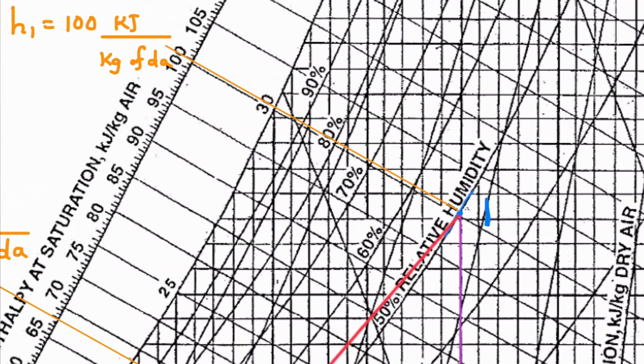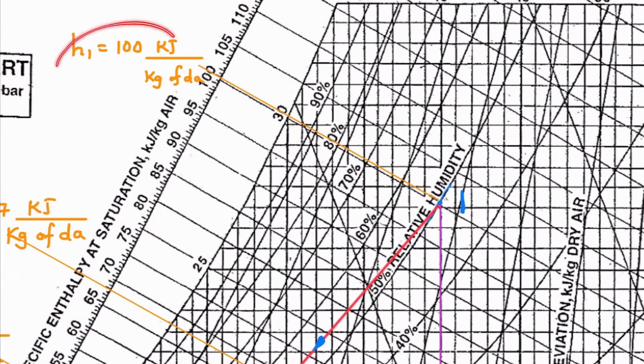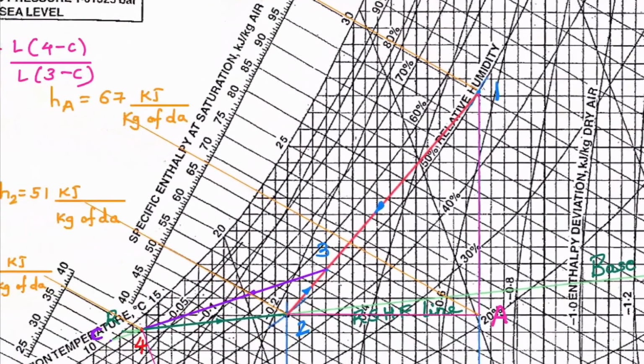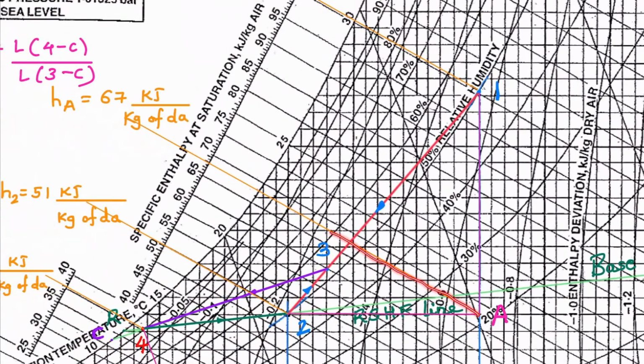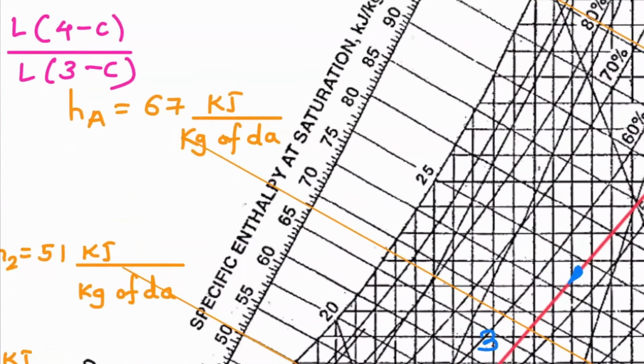So point 1, if you see the value, this is 95, 96, 97, 98, 99, 100. So enthalpy of point 1 is 100 kilojoule per kg of dry air. Then enthalpy of point A. Draw a line parallel to the given inclined line from point 2. Wherever it cuts the sensible heat factor scale, there you have to read the enthalpy value.